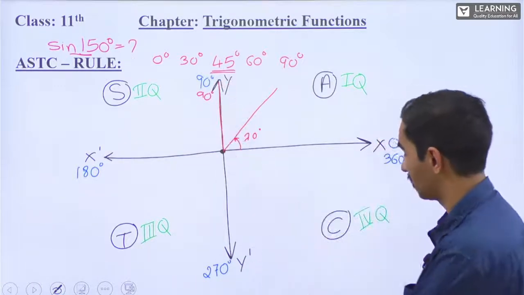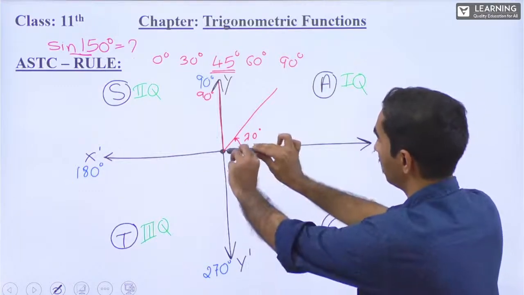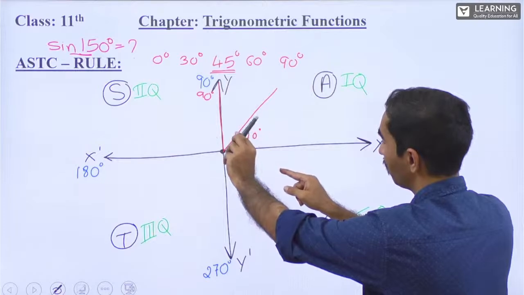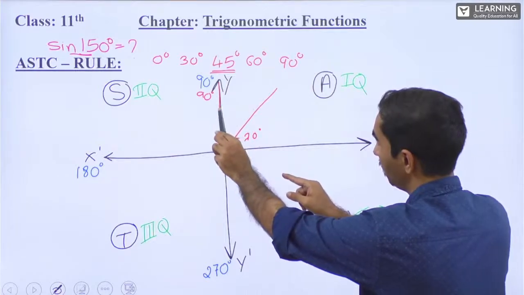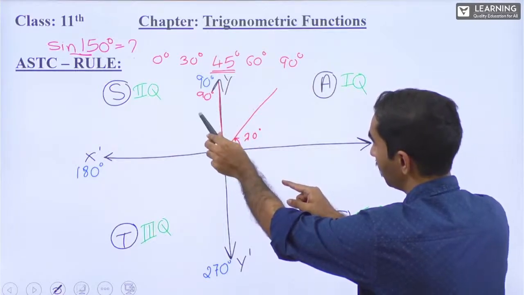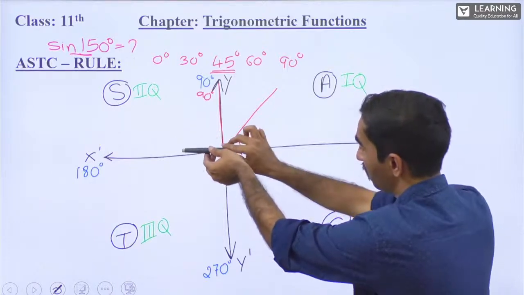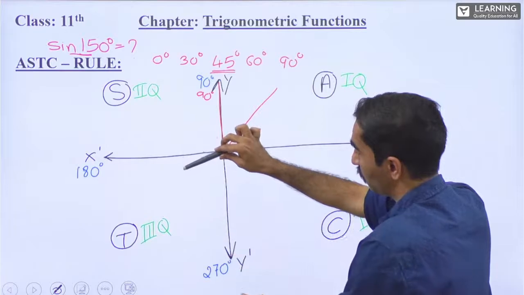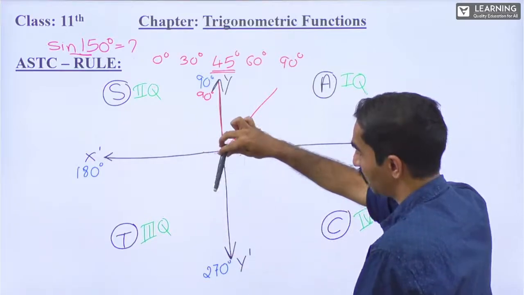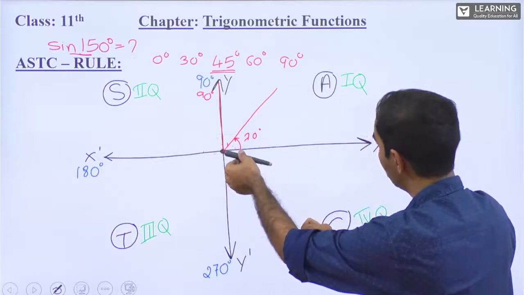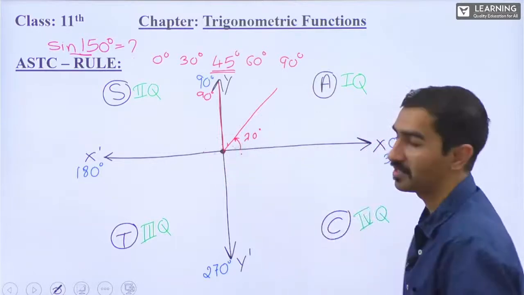So this is pointing at 0 degrees, right? 10, 20, 30, 40, 50, 60, 70, 80, 90, 100, 110, 120, 130 until 180. Again moving further, 190, 200, 210, 220 until 270. And again 280, 290, 300, finally reaching 360 degrees.